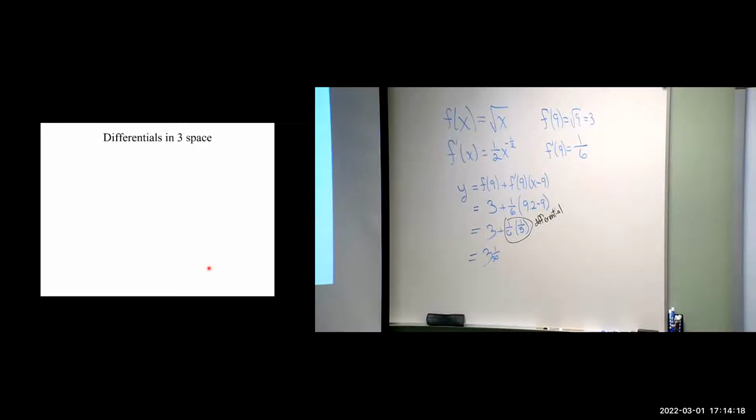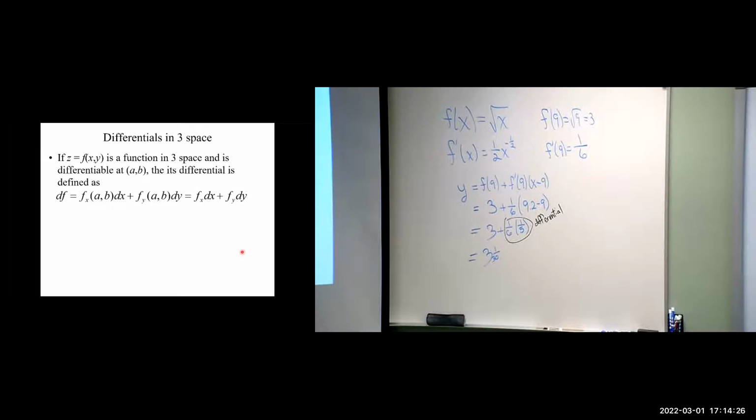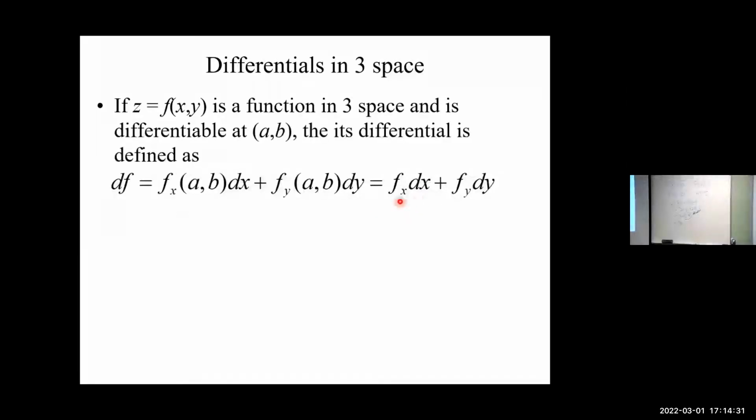So differentials in 3-space, not complicated actually. It's f sub x times our change in x plus f sub y times our change in y. In shorthand notation, f sub x dx plus f sub y dy.